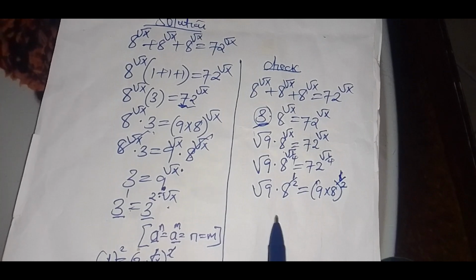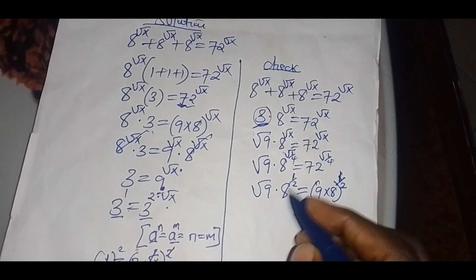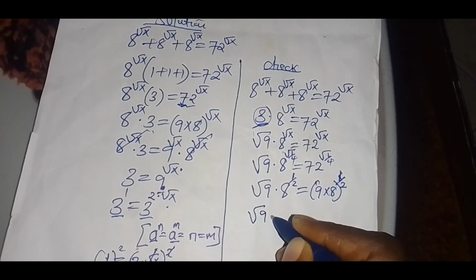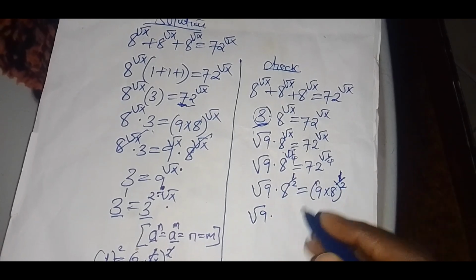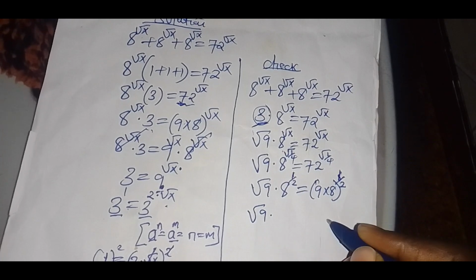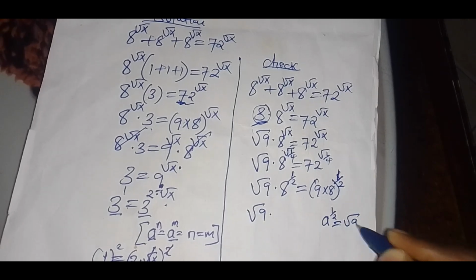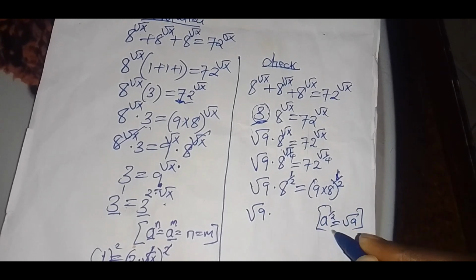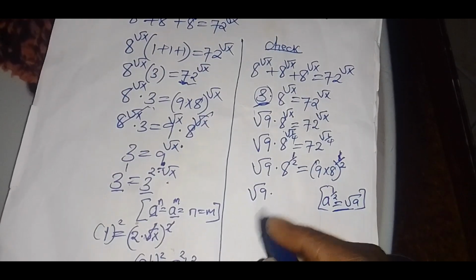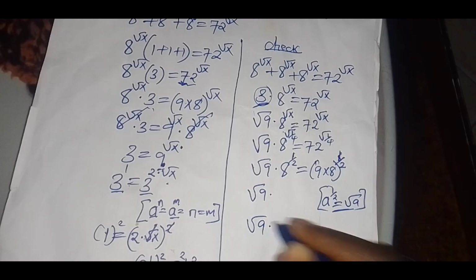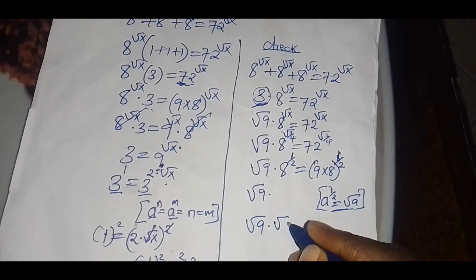So we'll have the square root of 9 multiplying. Remember, if you have a raised to power half, this is the same as the square root of a. Applying this approach, we're going to have the square root of 9 multiplying by the square root of 8.